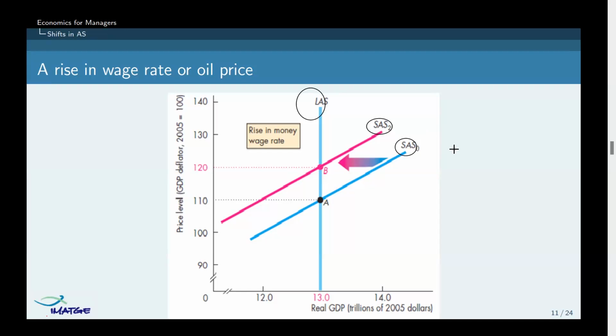Doc, I have a question. If in the long run, this shift in aggregate supply from 0 to 2 in this case, you say that it's not impacted by the wage rate, how then are companies supposed to be sustainable?